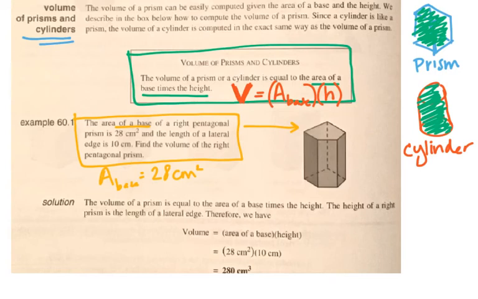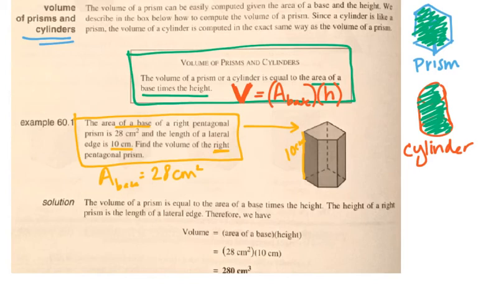And the length of a lateral edge is 10 centimeters. So that means if this is a lateral edge, they're saying that that's 10 centimeters tall. Find the volume of this right pentagonal prism.